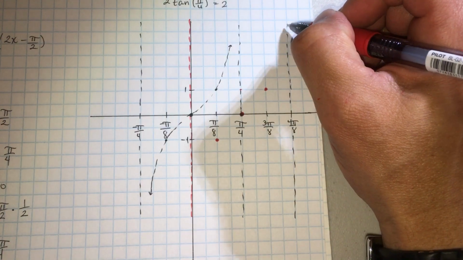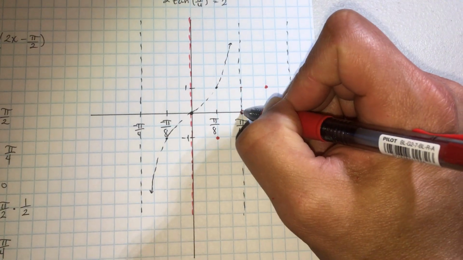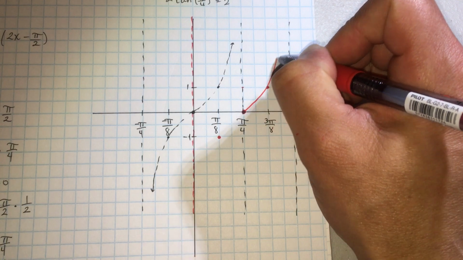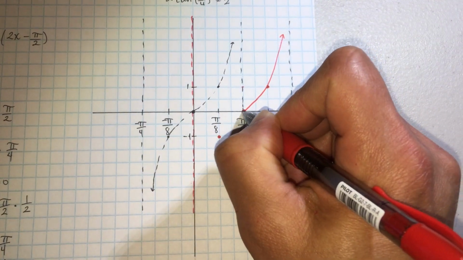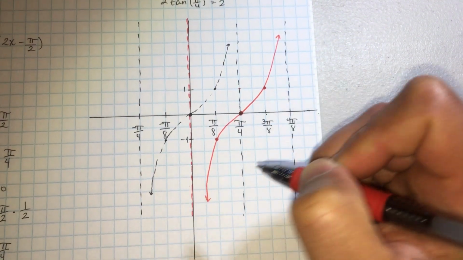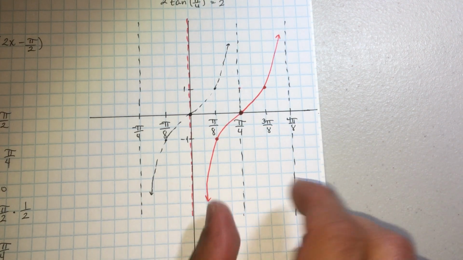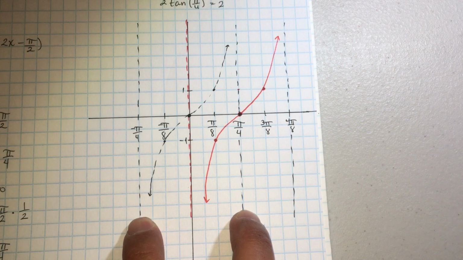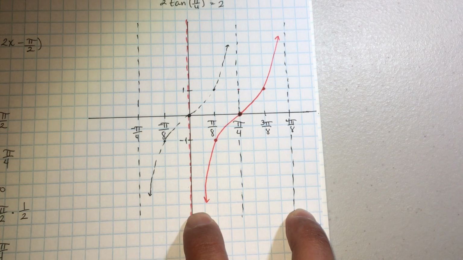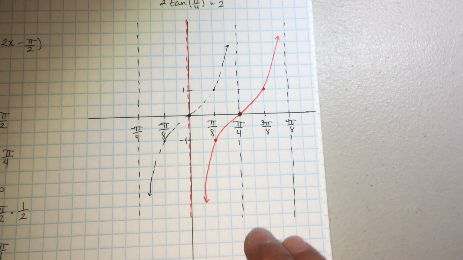And this is my asymptote right here. So this guy does this, like this. This guy moved here. So you notice I had to move the asymptotes as well, and I had to move the points as well.